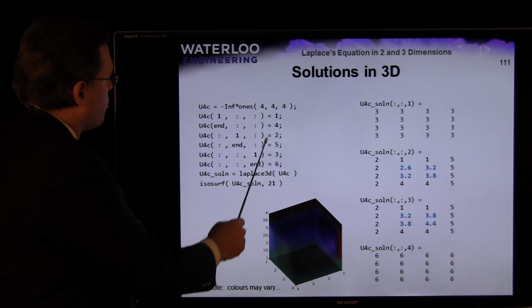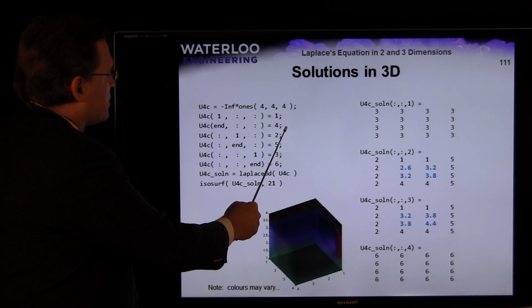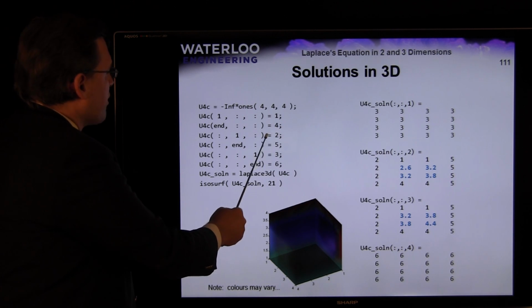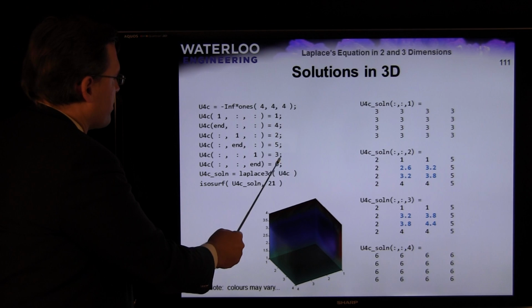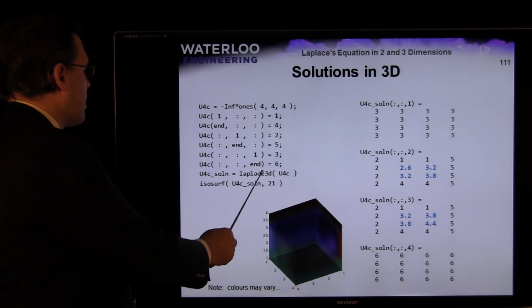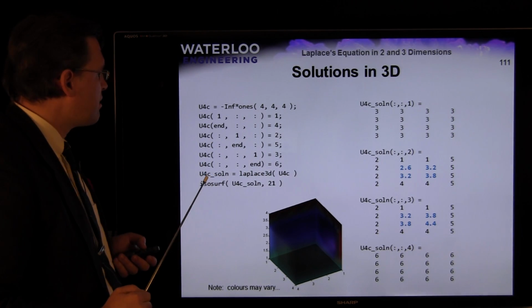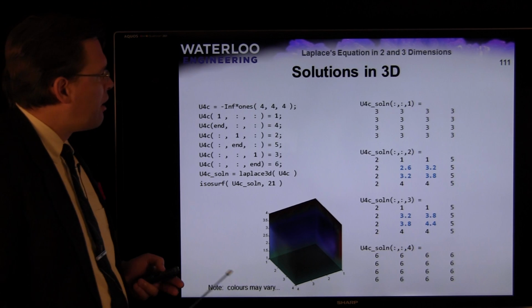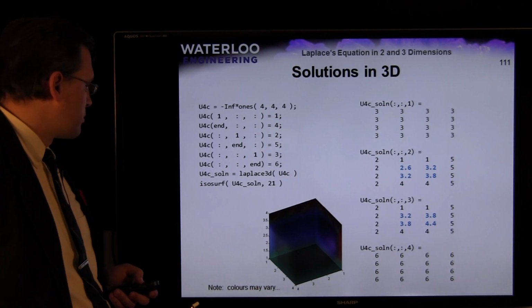We're going to set one side to be temperature 1, one side to be temperature 4, its opposite side to be temperature 4, another side to be temperature 2, its opposite to be 5, 3, and 6. You're going to also write the function Laplace 3D. You're going to pass this 3-dimensional array in, and when you get the output, you're going to fill in the intermediate values.